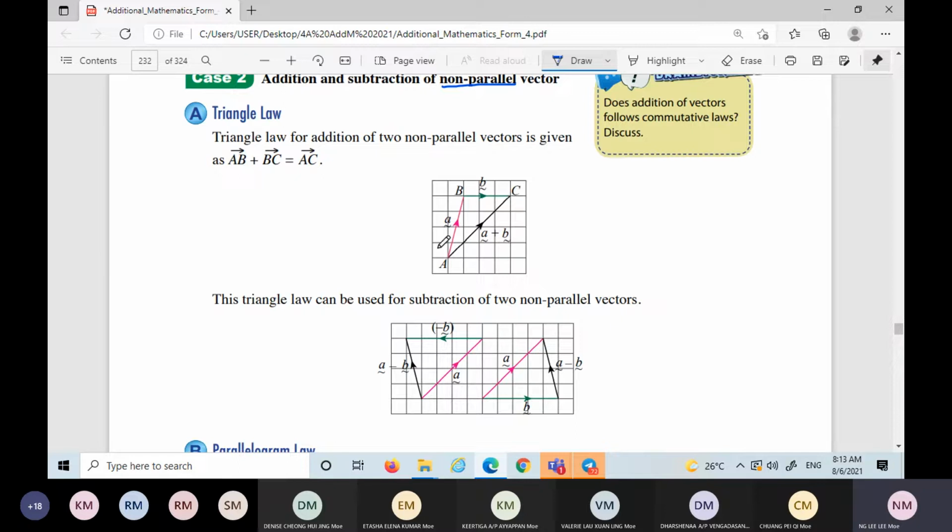We call this the triangle law because it forms a triangle.